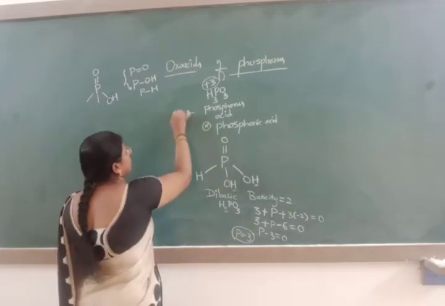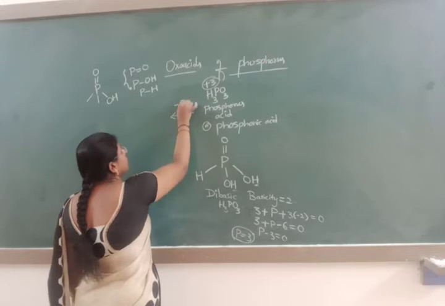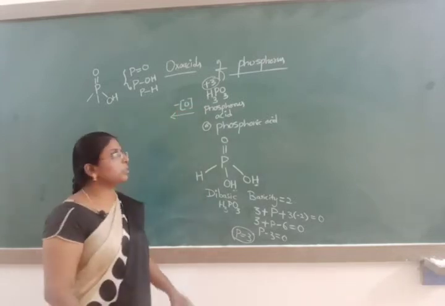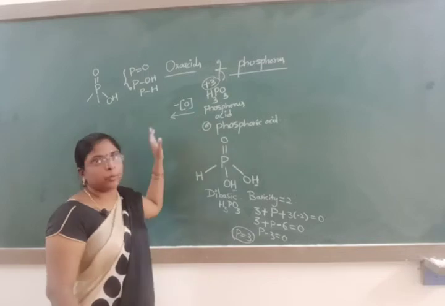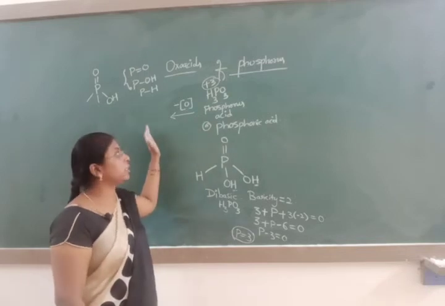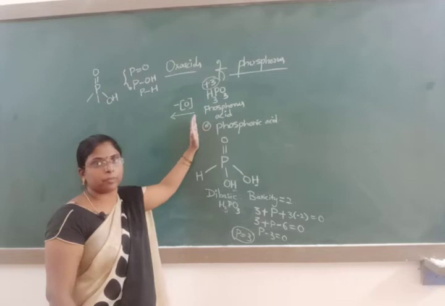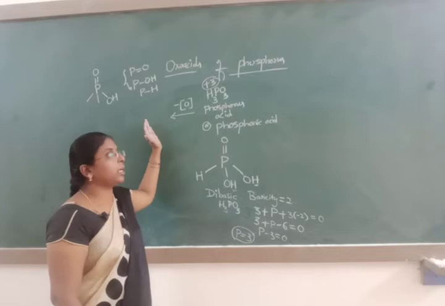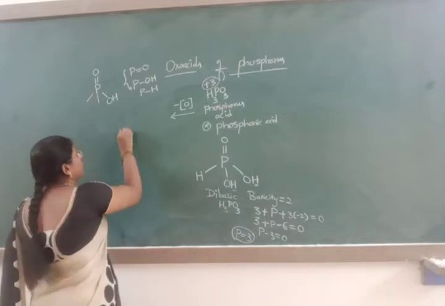If I remove 1 oxygen from this, the obtained compound has a lower oxidation state compared with phosphorus acid. Whenever something is lower than phosphorus, we write the word hypo.